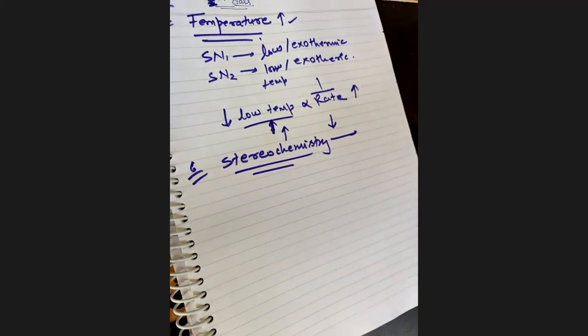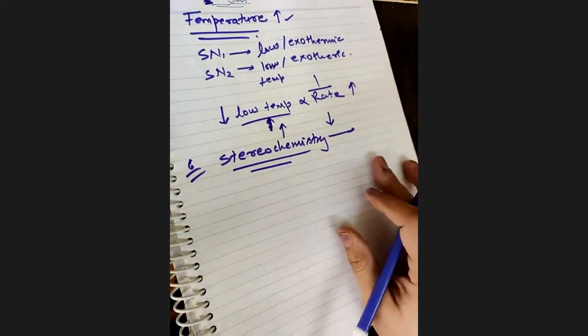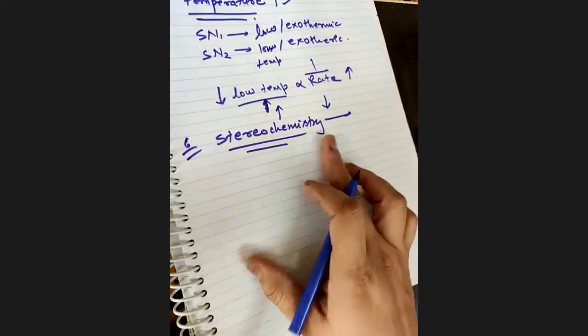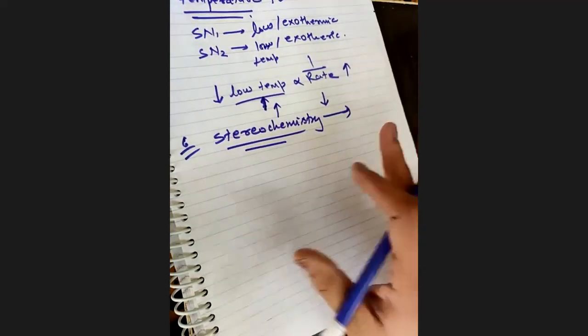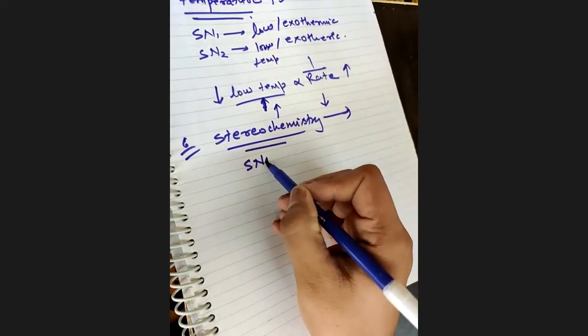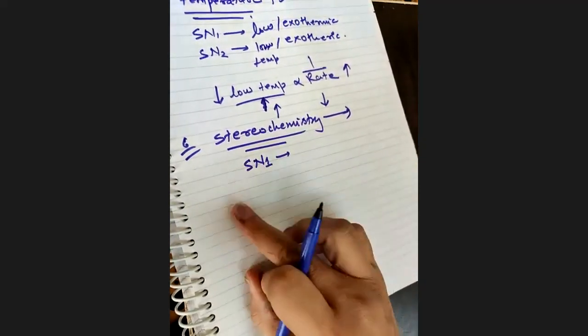Racemic means when we get both types of product, inversion and retention. I have explained inversion and retention to you; they were plane polarized on the basis of their stereochemistry. Now I am telling you about both things in SN1 and SN2, so note it down so that you can compare.